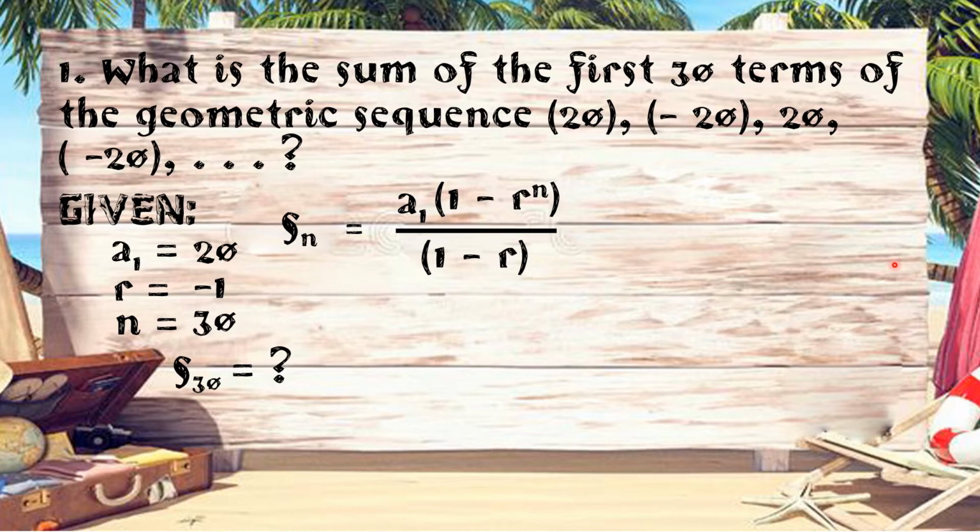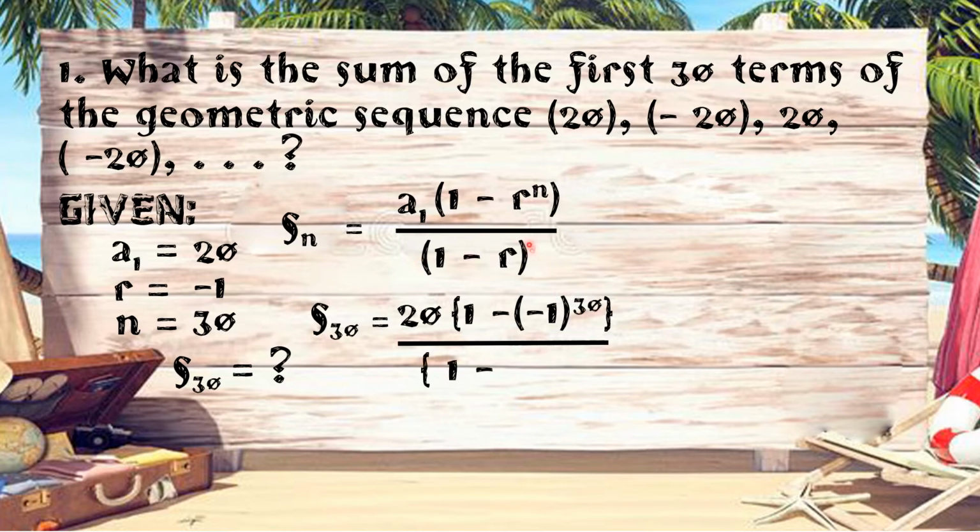Okay, with this formula, we will now substitute for the values of those we need to replace. So we are looking for s sub 30 equals, ano nga yung ating first term? First term is 20 times 1 minus, laging 1 yan, minus, at ang r natin, ang ratio natin is negative 1, and then ang value ng n natin is 30, all over 1 minus, ang r natin is negative 1.